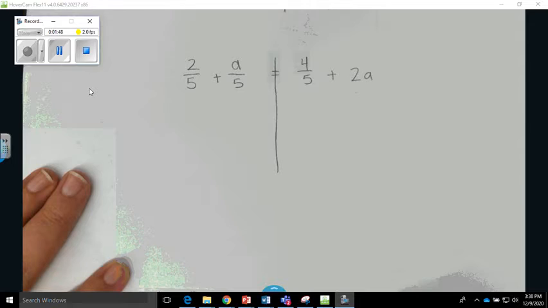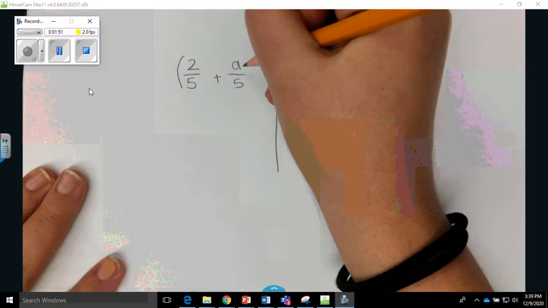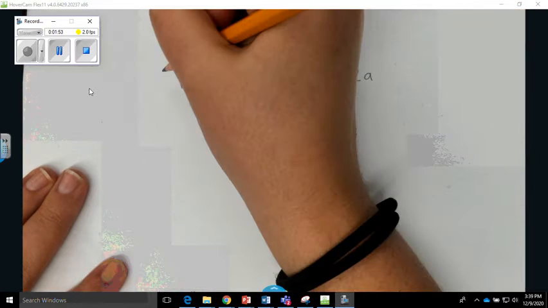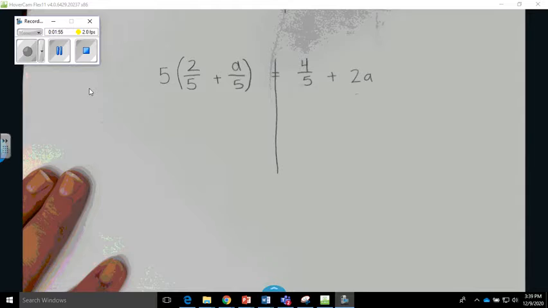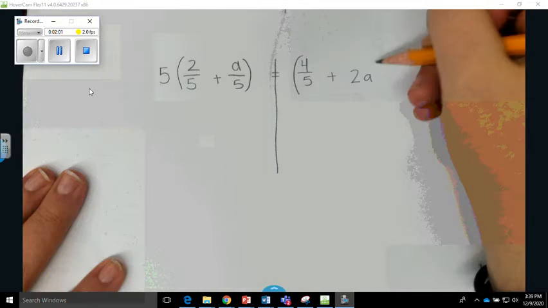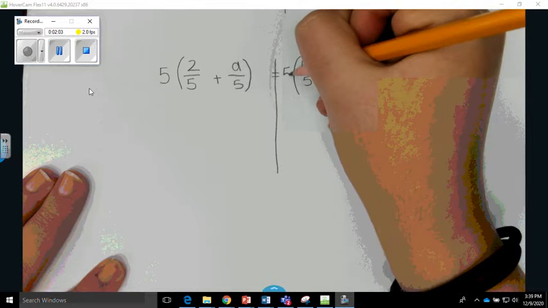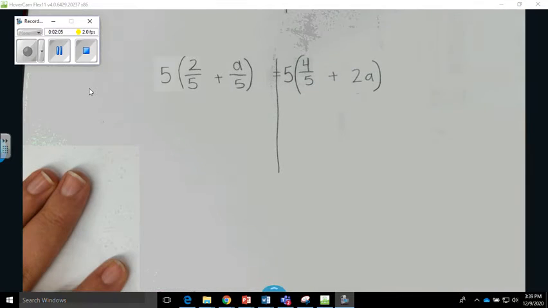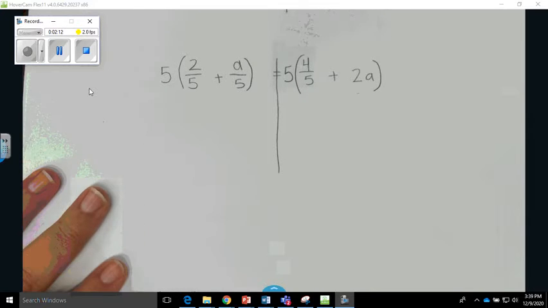So watch what I do. I'm going to put this in parentheses, and I'm going to put a 5 in front to show that I'm going to multiply both by 5. What I do to one side, I must do to the other. I'm going to multiply all of this by 5. Now we're going to use our knowledge of distributive property to figure out what would be left for us to solve.